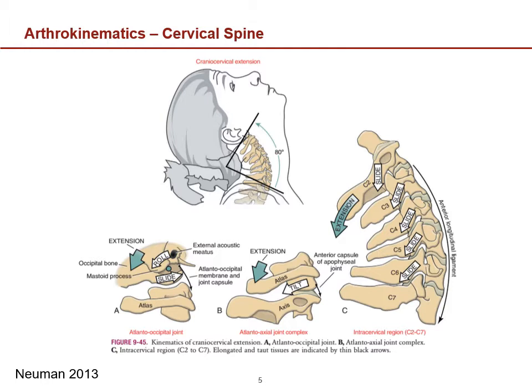When we're looking at the AA joint complex, there's going to be an ipsilateral tilt, and then for what we'll classify as the lower cervical spine, though it says C2 through C7, typically the lower cervical spine is considered C3 and below, you'll see that you have an ipsilateral sliding effect of the facets as the individual goes into extension. So it's ipsilateral to the physiological motion of extension.